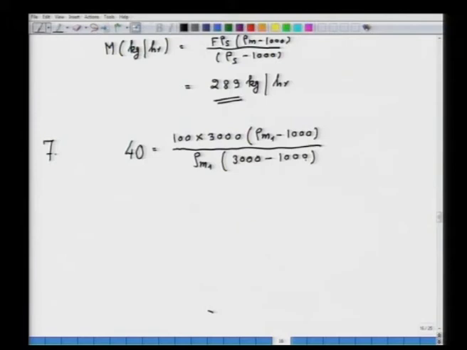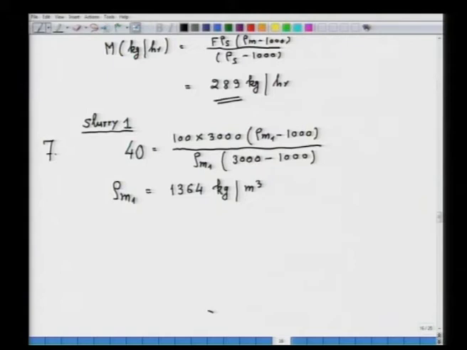This way I can calculate the value of density rho m1, that is equal to 1364 kilogram per meter cube. This is for slurry 1.